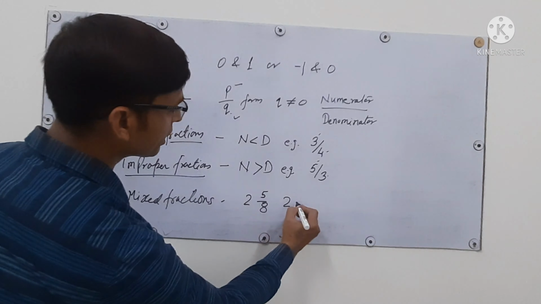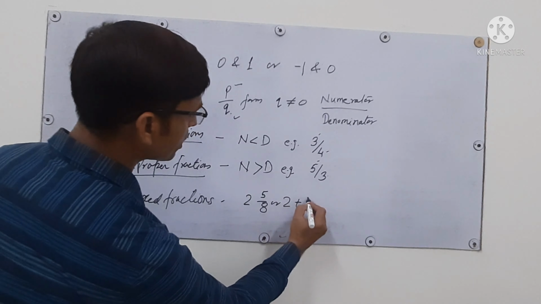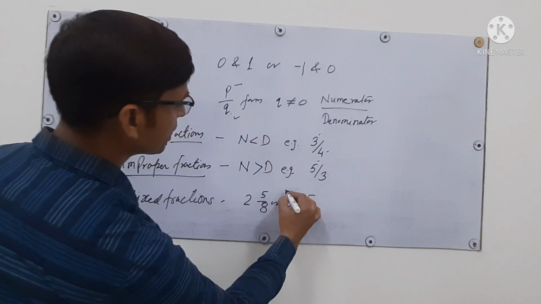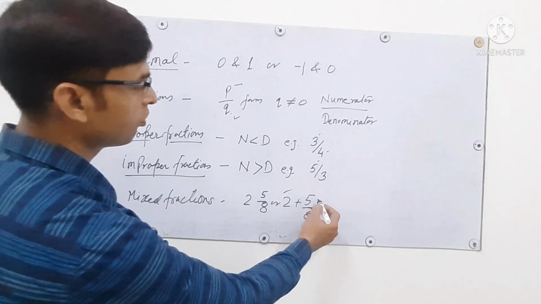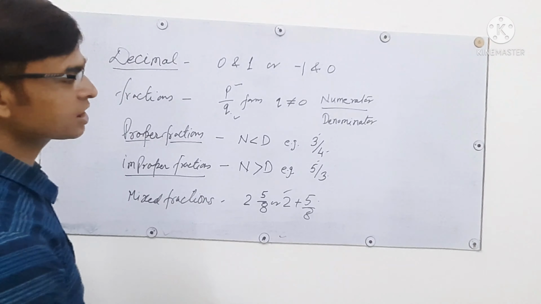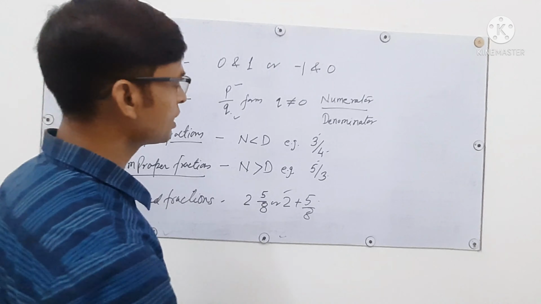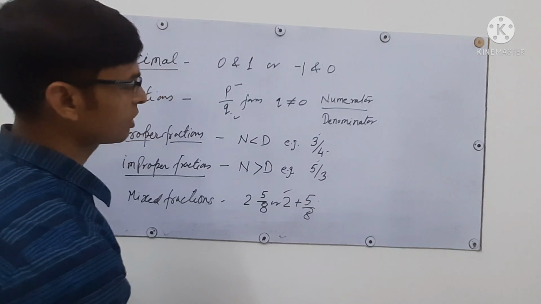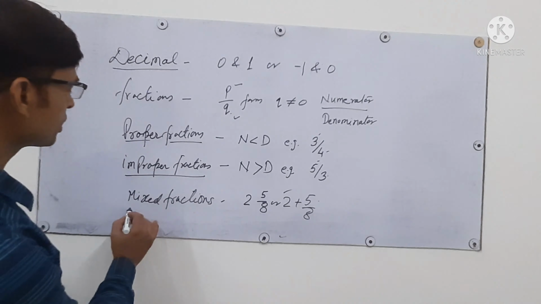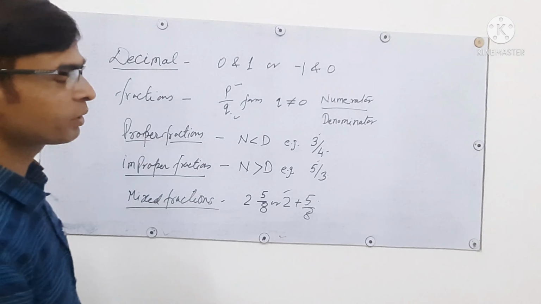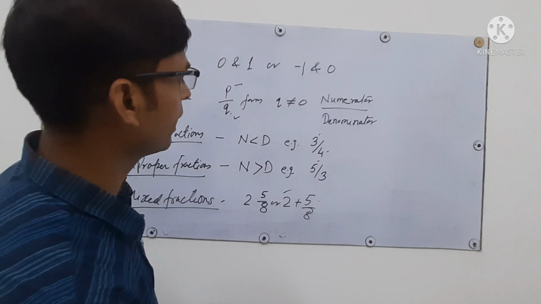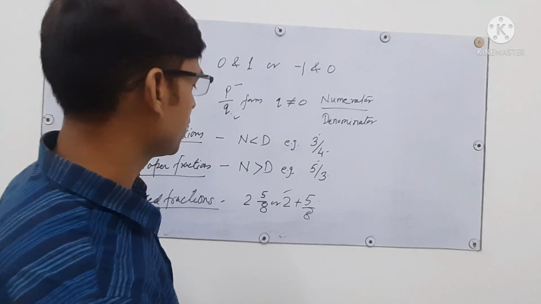It can be written in the form 2 plus 5/8, and in this 2 is the whole number and 5/8 is just a fraction. It may be proper or improper, it doesn't matter, but it is expressed in the form of a fraction. So mixed fractions are just a combination of a whole number and a fraction.